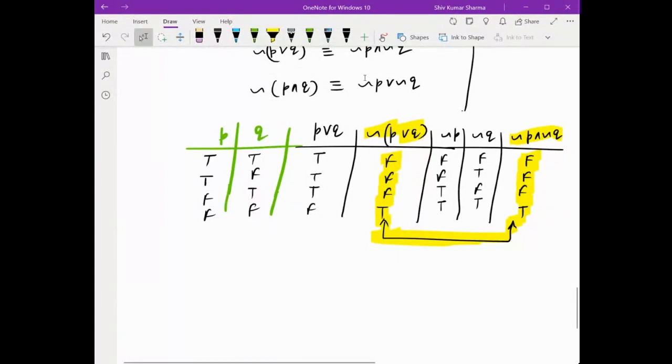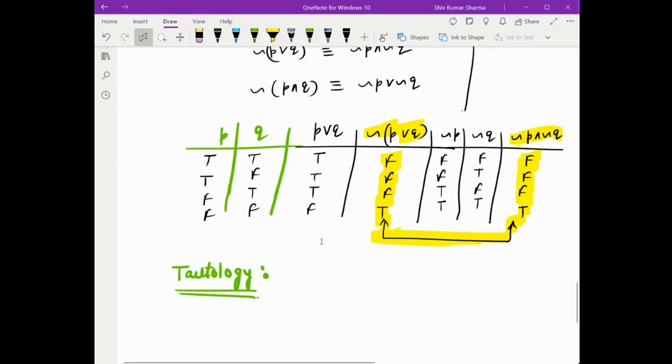The next topic is related to tautology, that means types of propositions.